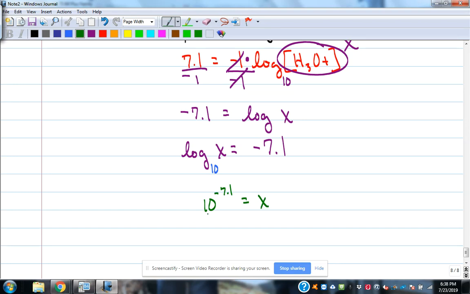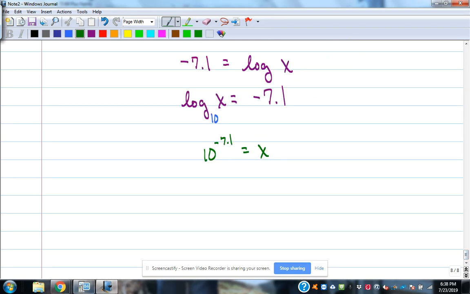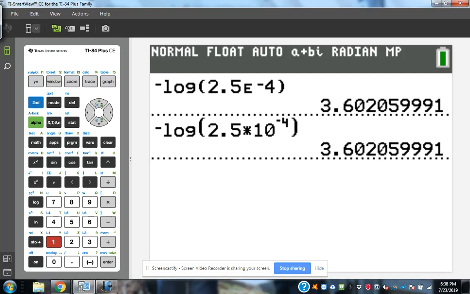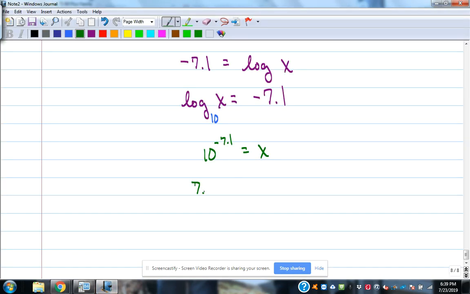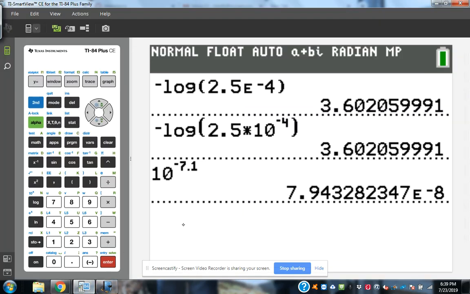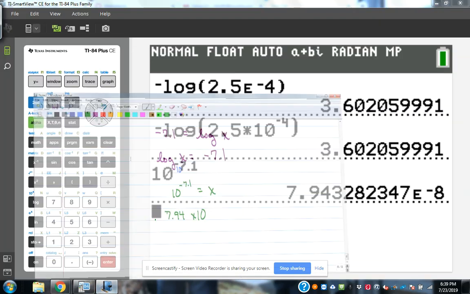And 10 to the -7.1 I can work out. 10 raised to the -7.1. And I'm going to write that in scientific notation. 7.94 times 10 to the -8.